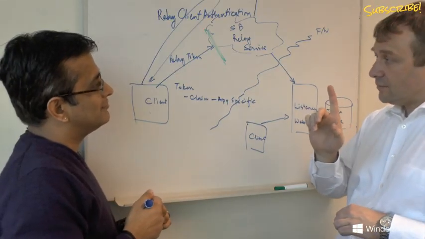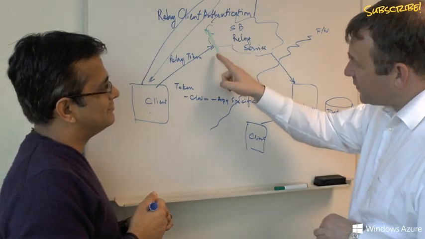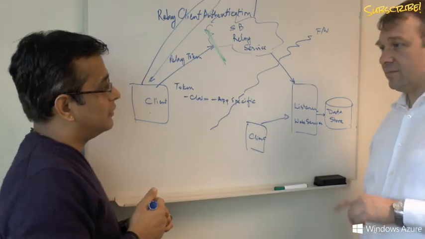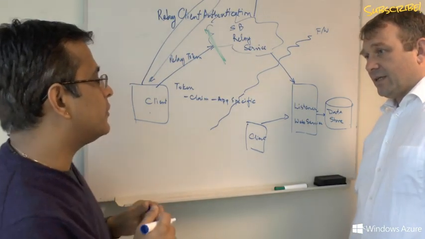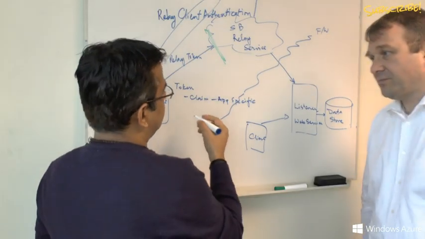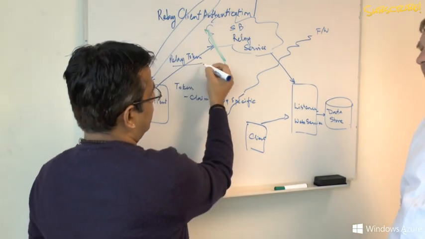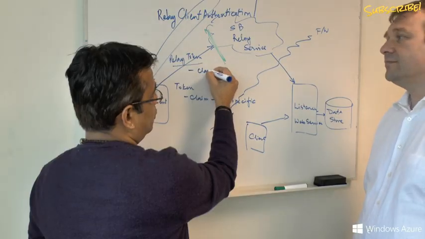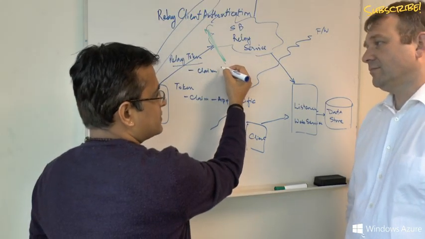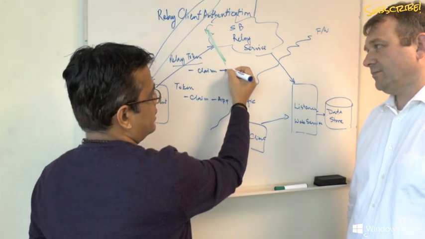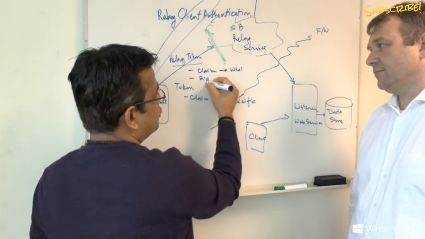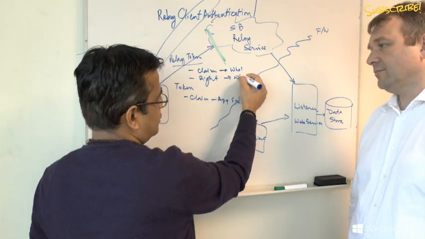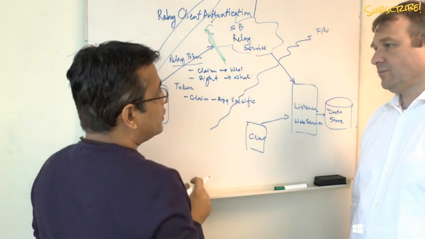Now, we have a differentiation here between senders and listeners. Typically, in any relay token, you have a claim about who you are and the right associated with it. The claim is who, and the right is what you can do with that.